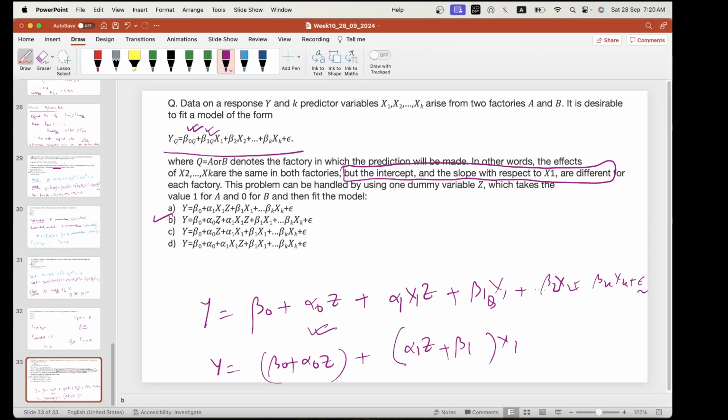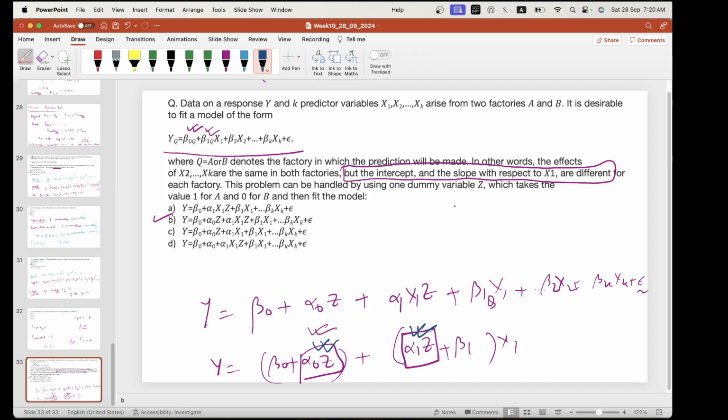Okay, one dummy with a constant term, interaction of a dummy and a constant term, then the intercept will vary, and slope with respect to x1 is varying, so we are going to add, apart from beta 1 x1, another alpha 1 x1 z. Okay, so this interaction term and this interaction term actually takes care of my interactions.